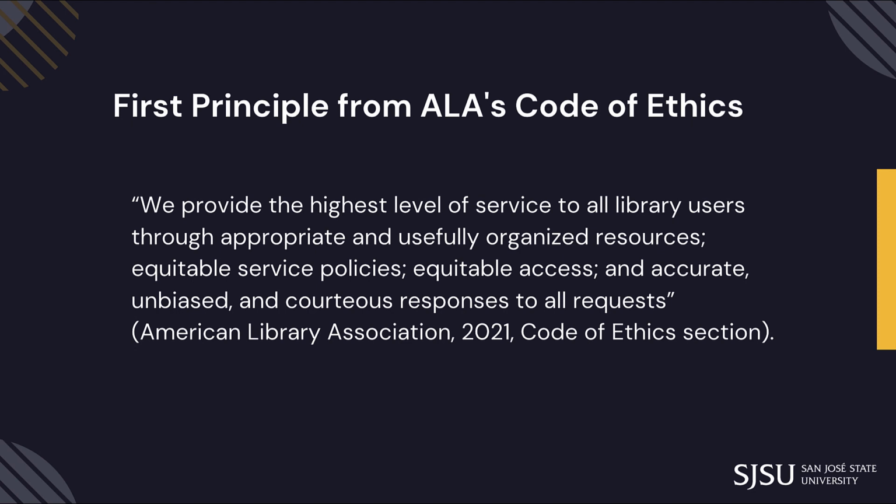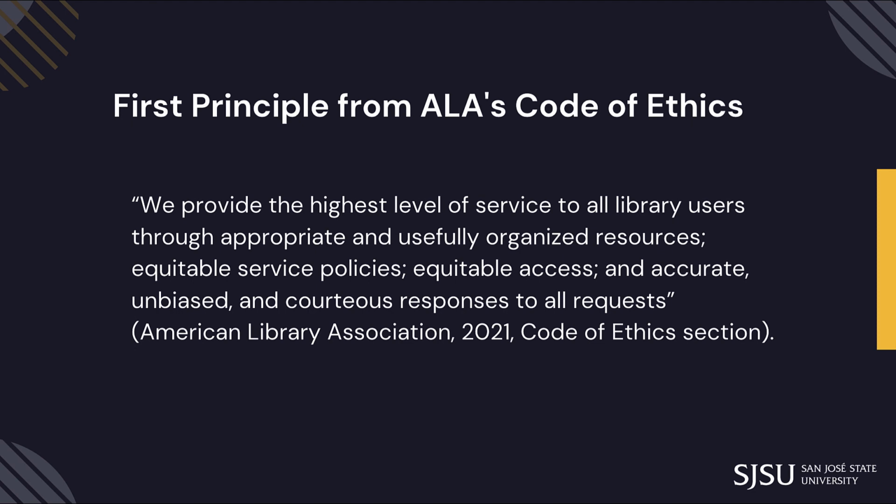The importance of this can be seen in the American Library Association's Code of Ethics that guides the work that librarians do. The first principle in the Code of Ethics states, "We provide the highest level of service to all library users through appropriate and usefully organized resources, equitable service policies, equitable access, and accurate, unbiased, and courteous responses to all requests."